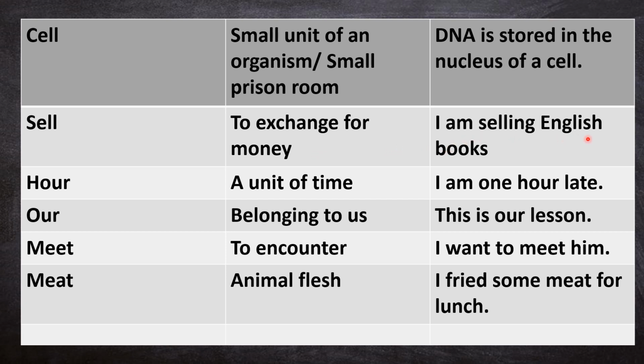Example, I'm selling English books. Hour, a unit of time. Example, I'm 1 hour late. Hour, belonging to us. This is our lesson. Meet, to encounter. I want to meet him. Another meat word is animal flesh. I fried some meat for lunch.